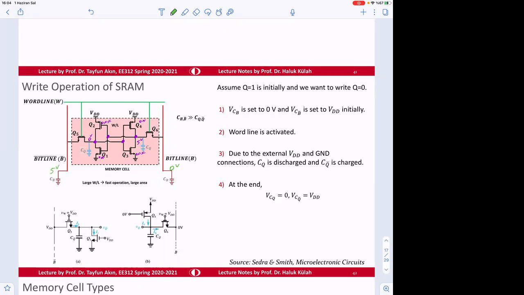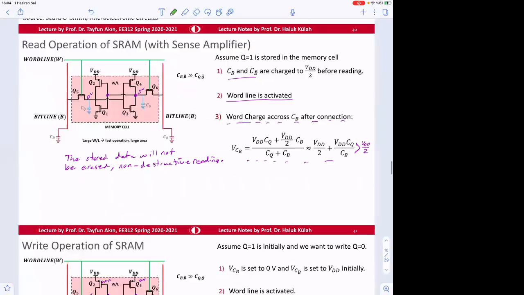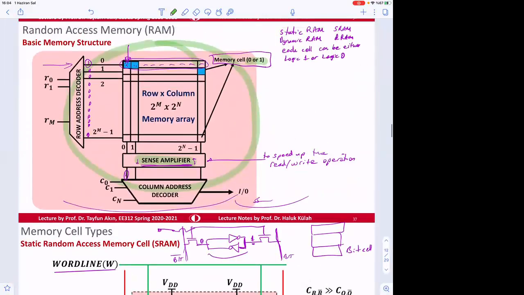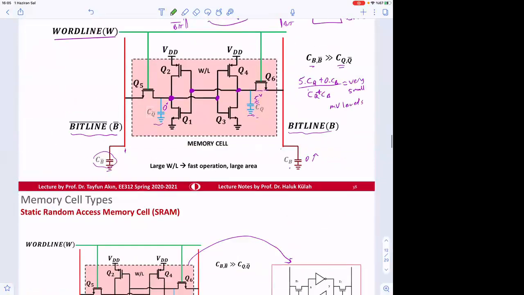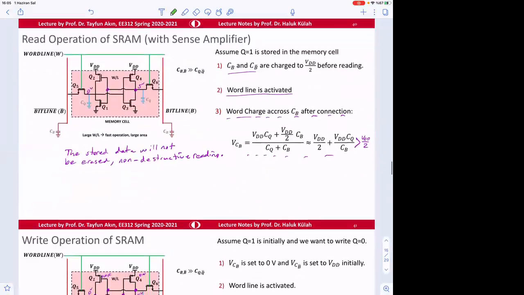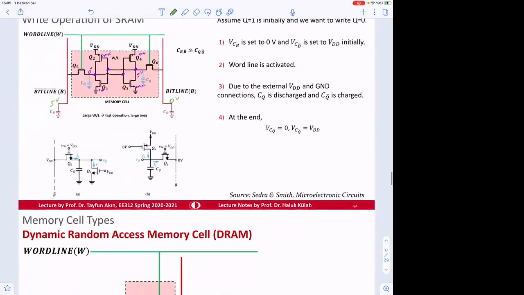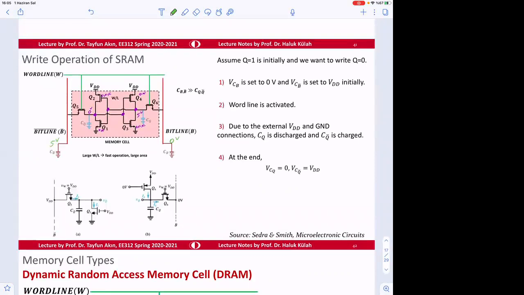How? With the external elements and circuitry here. So with the help of that, we write that data.